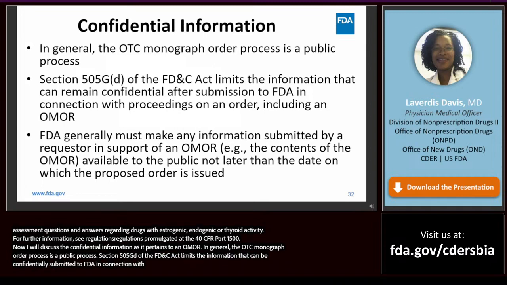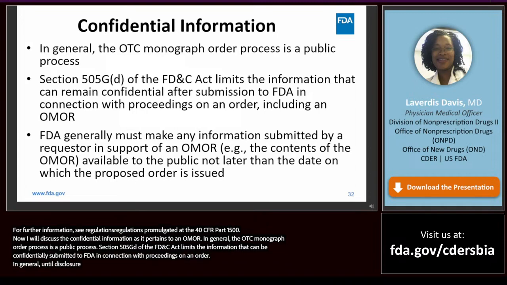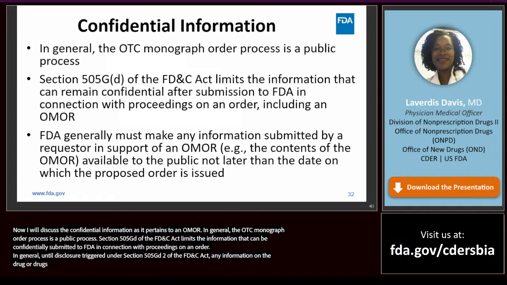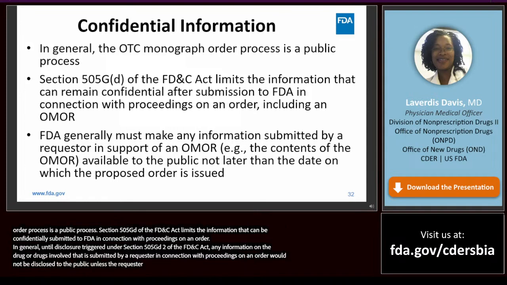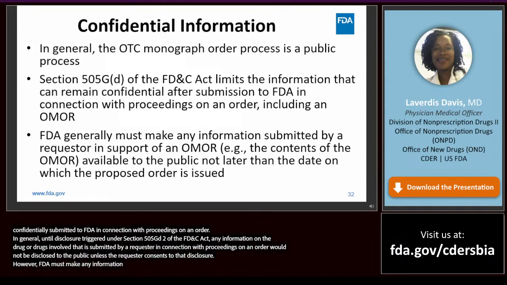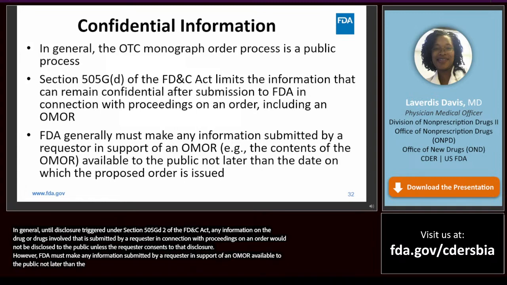In general, until disclosure is triggered under Section 505G(d)(2) of the FD&C Act, any information on the drug or drugs involved that is submitted by a requester in connection with proceedings on an order will not be disclosed to the public unless the requester consents to that disclosure. However, FDA must make any information submitted by a requester in support of an OMOR available to the public not later than the date on which the proposed order is issued.